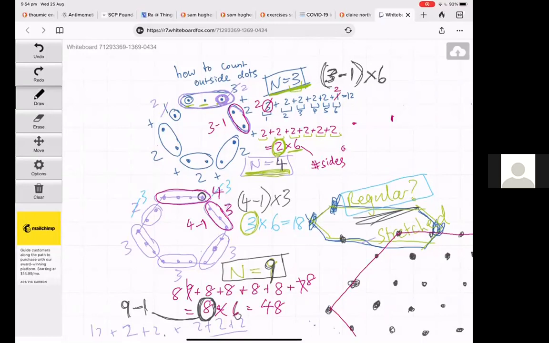Yeah. Okay, so can you tell me, what if the side length was equal to 21? 21. Yeah. Then just 6 times 20. No. 6 times what? 6 times 21.